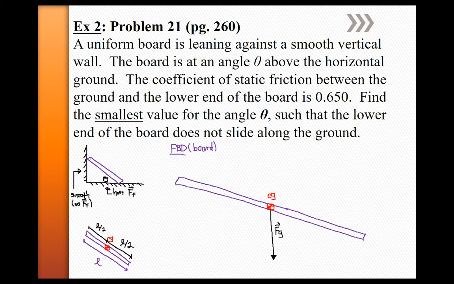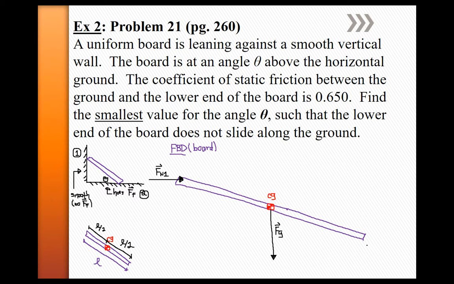On the left end of the board, there's no friction, but there is a normal force. Again, a normal force is always perpendicular to your surface and towards your object. So perpendicular to the surface would be perpendicular to the wall, and it needs to point towards the board. Let's call the wall 1 and the ground 2, so we're going to label this as Fn1.